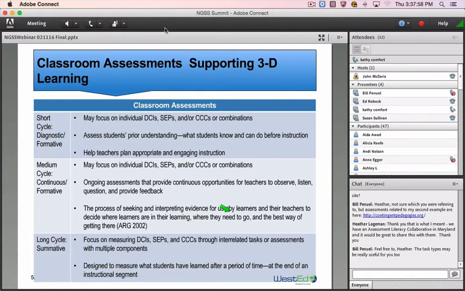But they're not intended to really focus on a multiple component assessment where you're looking at all three elements of a performance assessment. Again, these short cycle assessments are designed to assess student prior understanding. So what do students know and what could they do before instruction?